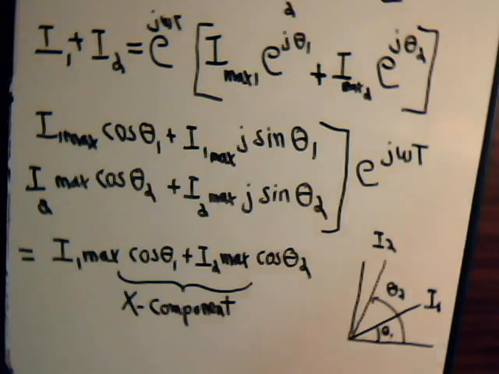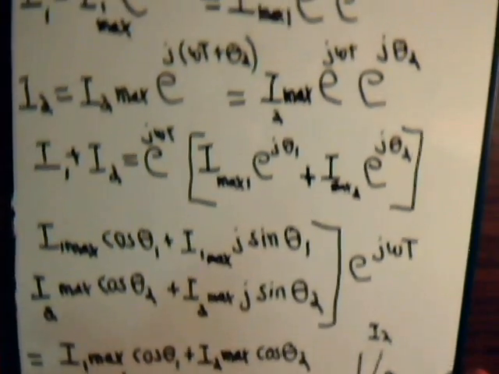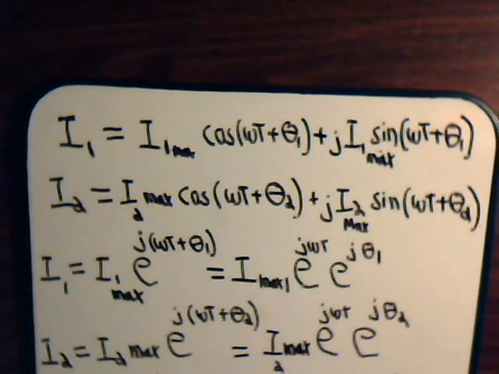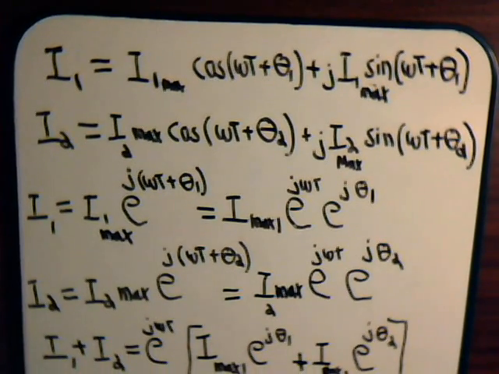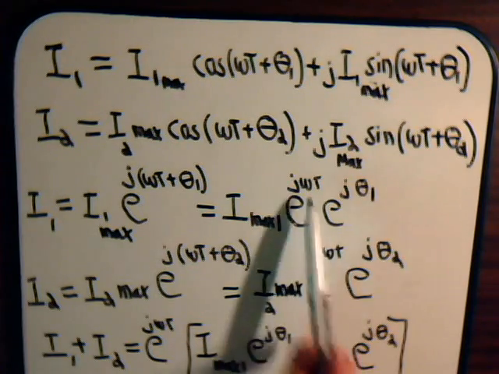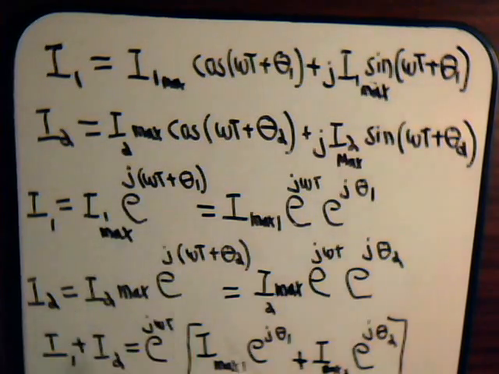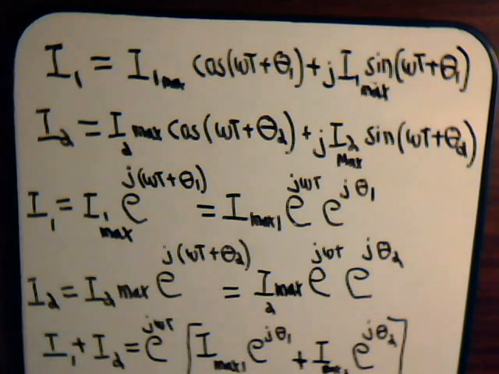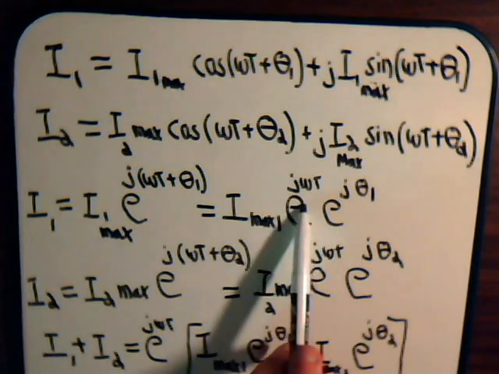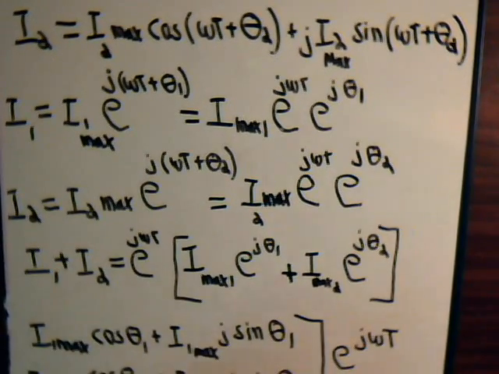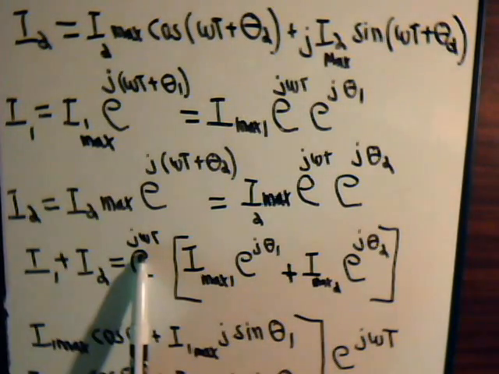And the reason we can do that is because back here we said that omega is the same for each one. This omega and this omega are equal. This omega and this omega are the same. So when we add them together, we could factor that out like we did right here, because it's the same in each case.